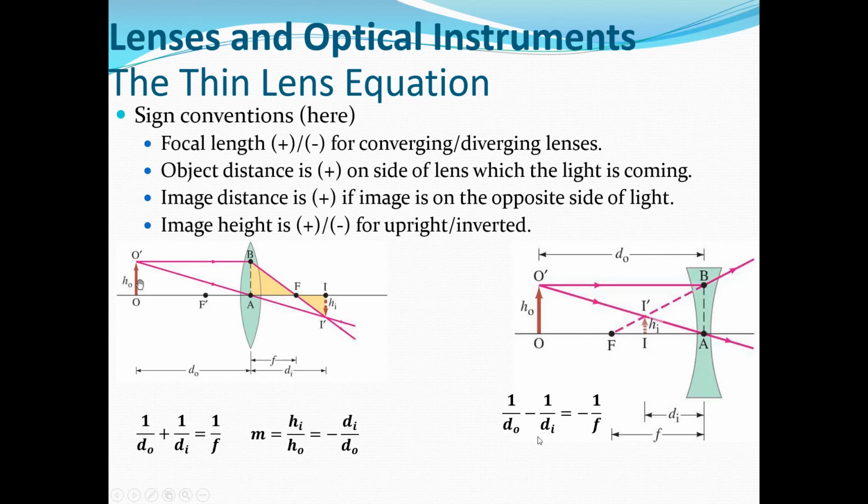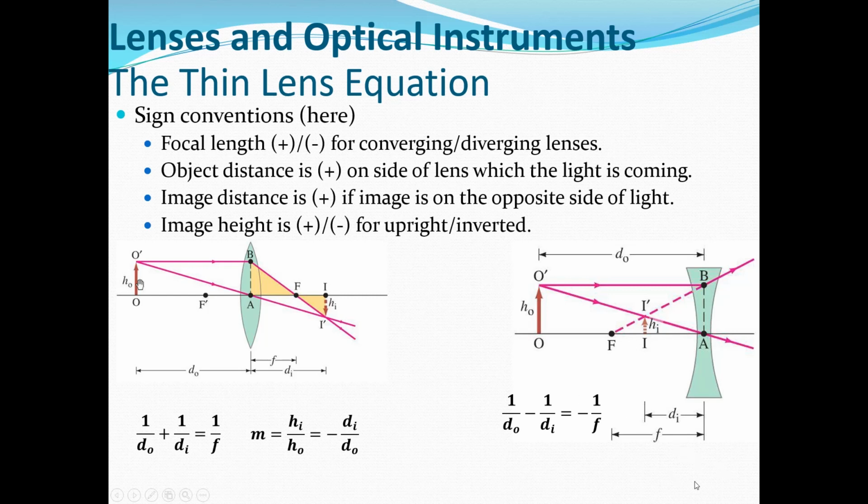Now, you could use this equation for a diverging lens. This is just a general form of this. However, the one thing that I want to point out is if you use this equation, you are not worrying about the sign convention. This equation is already taking into account sign convention.